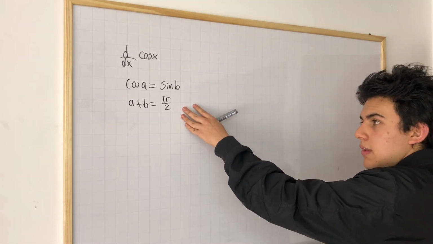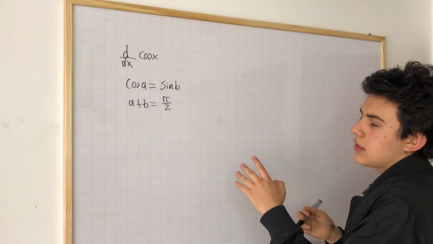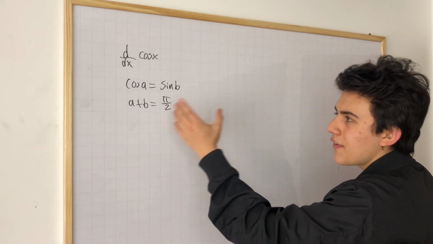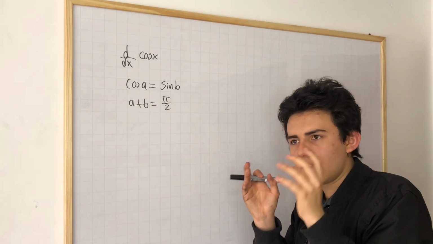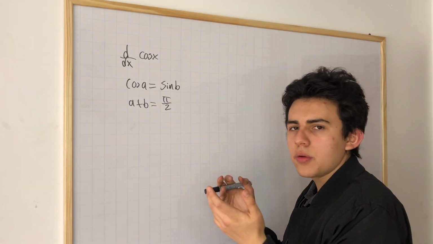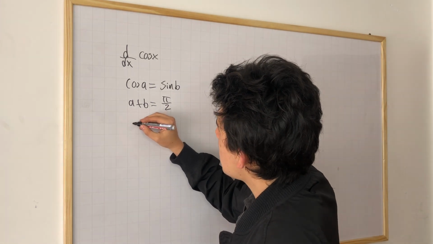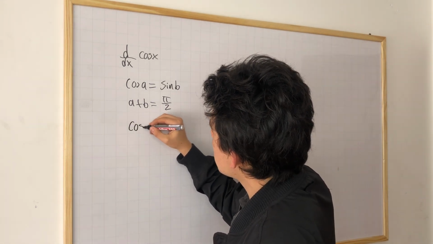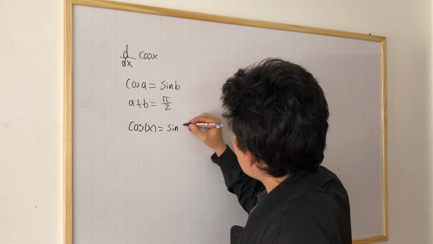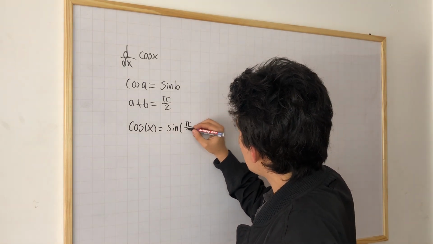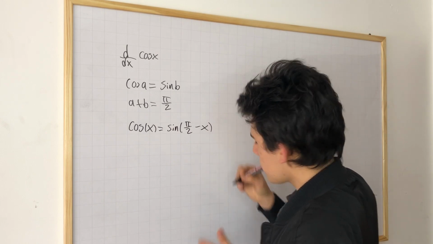Now, you can write this in terms of x, so instead of having just A and B, you have the same input or the same variable notation. You would have cosine of x is equal to sine of pi over 2 minus x.